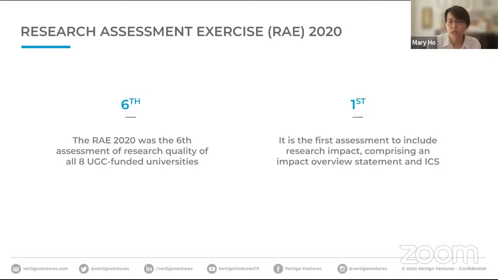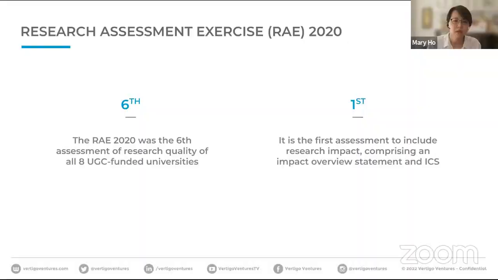This round of assessment was, of course, the first to include research impact, which included impact overview statements and also impact case studies showing research outputs, impact, and environment during the period from October 1st, 2013 to September 30th, 2019.